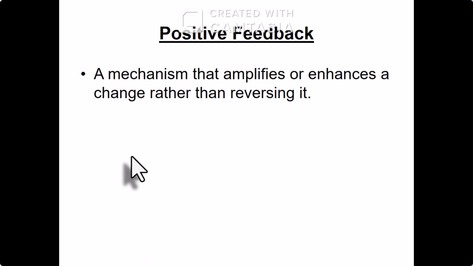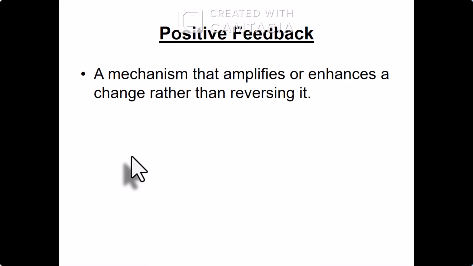Now we will discuss the second most important topic of this lecture, which is the positive feedback mechanism. Positive feedback is a mechanism that amplifies or enhances a change rather than reversing it like the negative feedback mechanism. Instead of opposing the stimulus, it strengthens it.